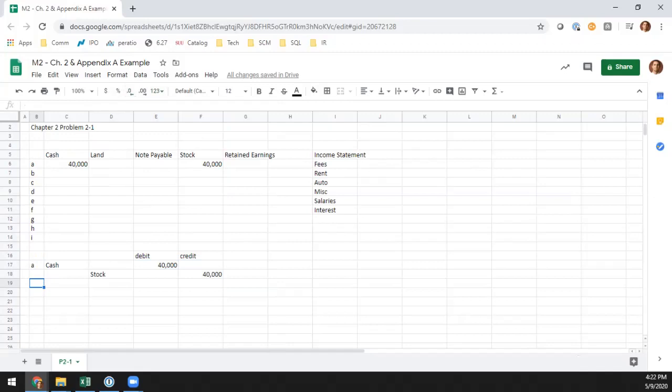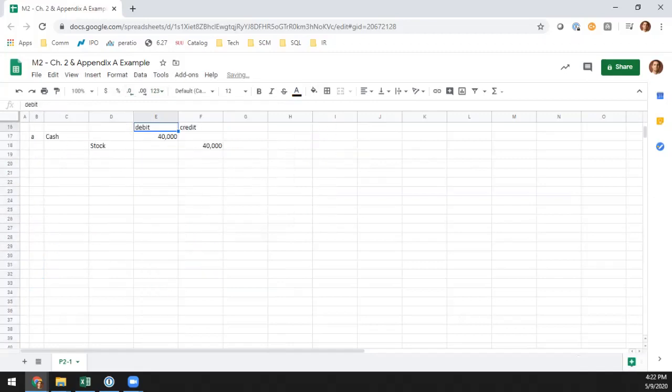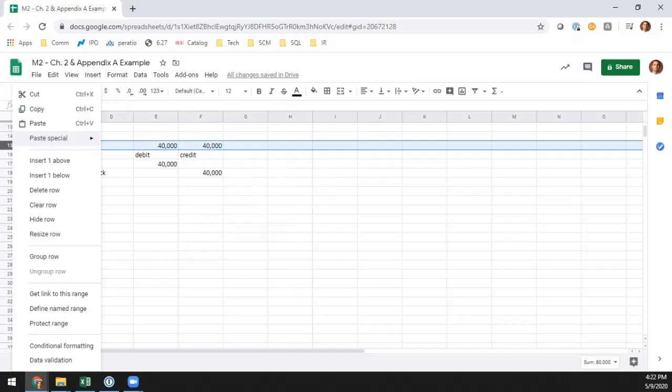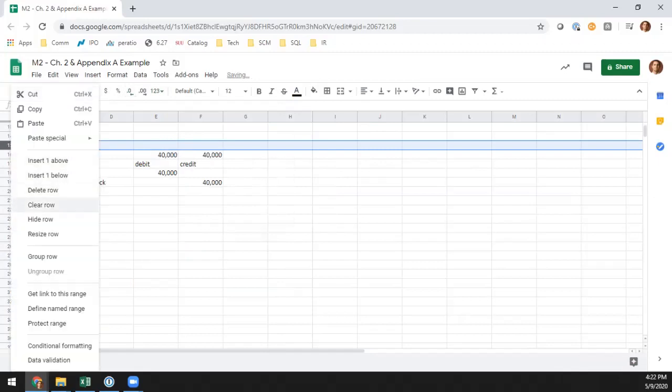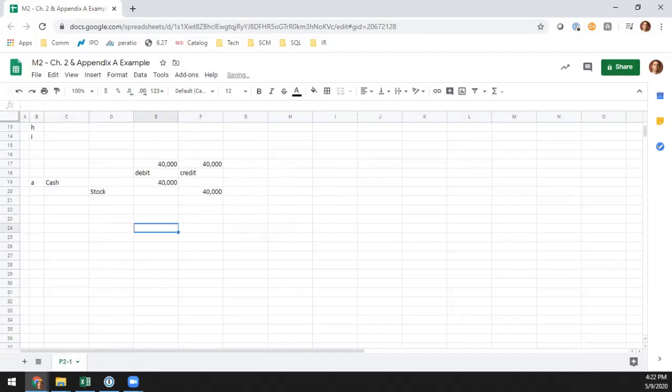So in this transaction, let's sum these up actually. Okay, so we are left with 40,000 here, 40,000 here.